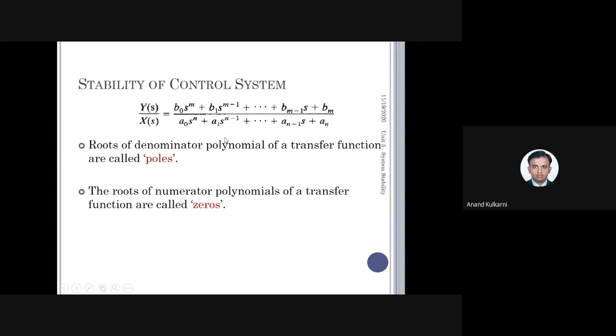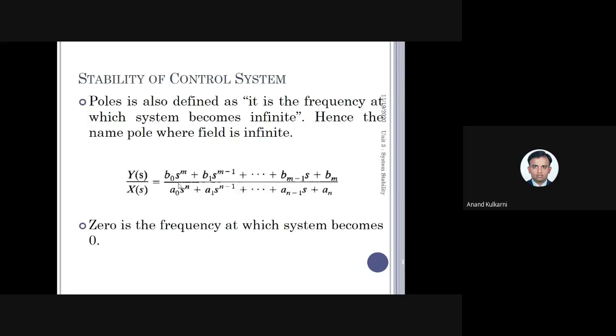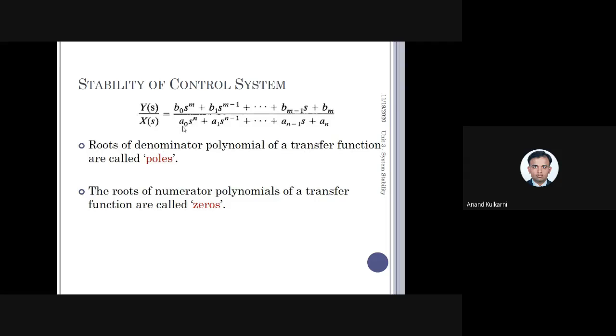Actually it should be explained in the bracketed form. This is not the correct way of explaining that. Suppose you have a term called k in the numerator, the transfer function is k into s plus a divided by s plus b into s plus c.